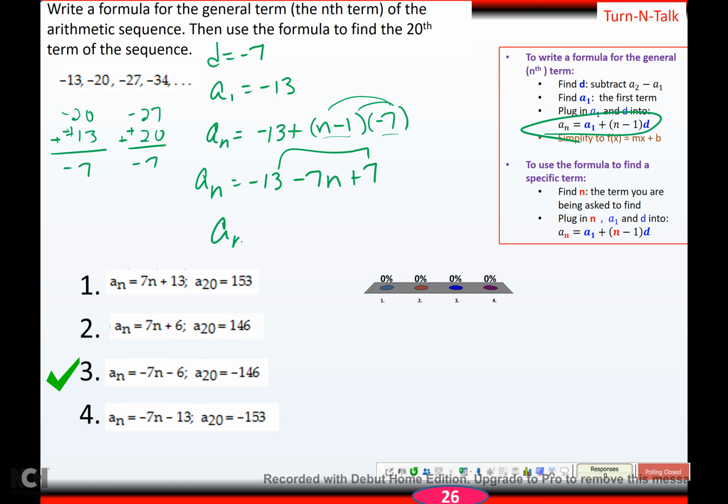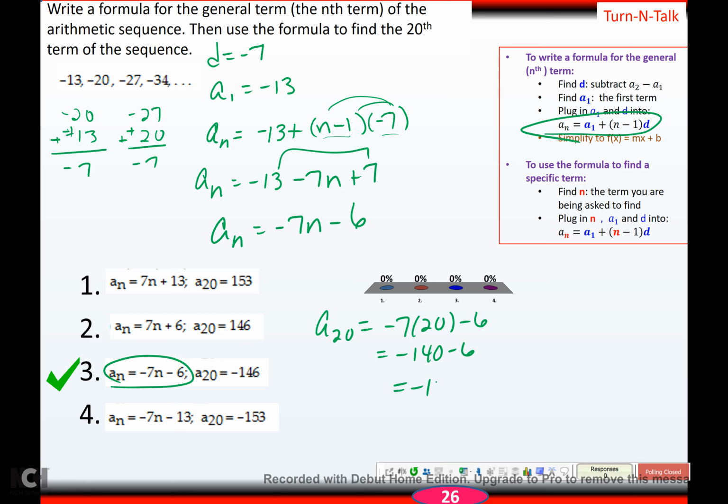Combine like terms, and a sub n equals negative 7n minus 6. That's where they got this. Now to find the 20th term, I find a sub 20, negative 7 times 20 minus 6, that's negative 140 minus 6, which is negative 146. Okay?